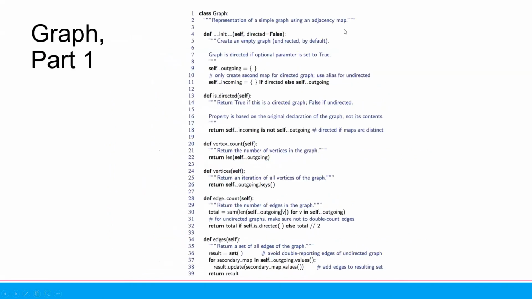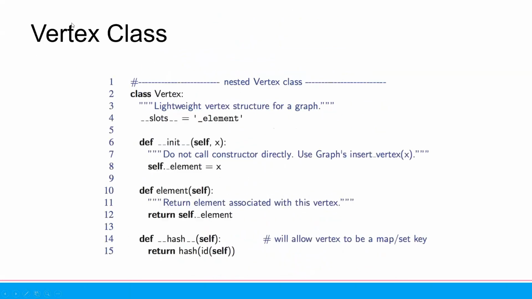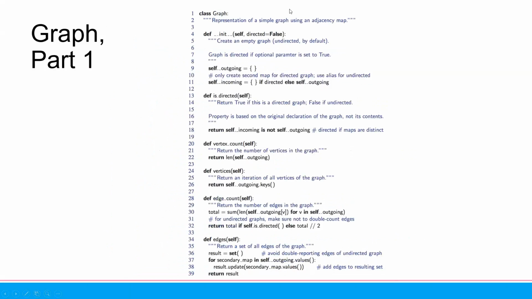And if you are making a graph, this is a vertex, this is an edge, and this is the graph. So you will define the class Graph. We will have the constructor, and then you will define what is outgoing and what is incoming.